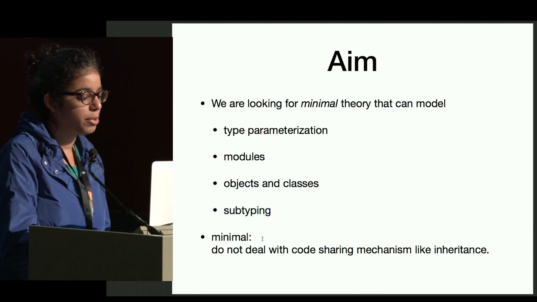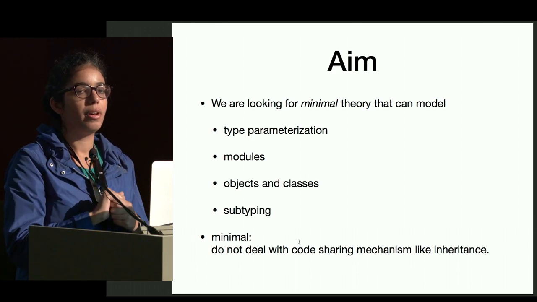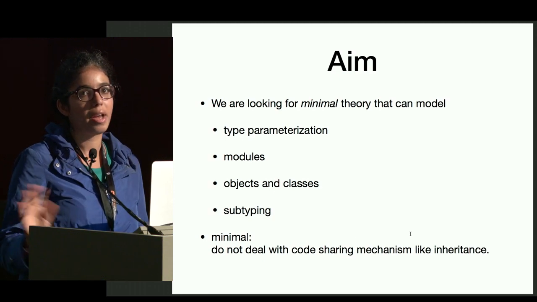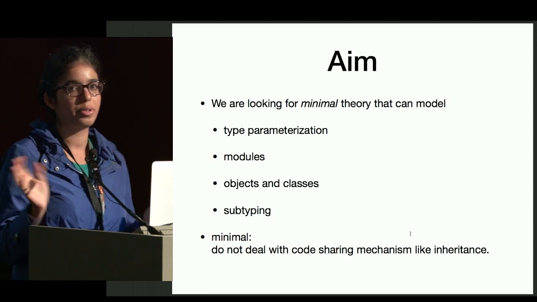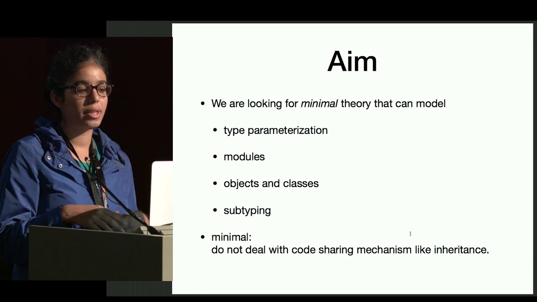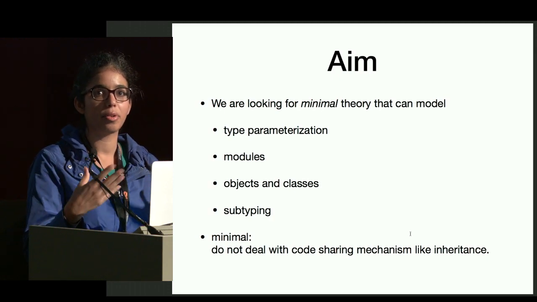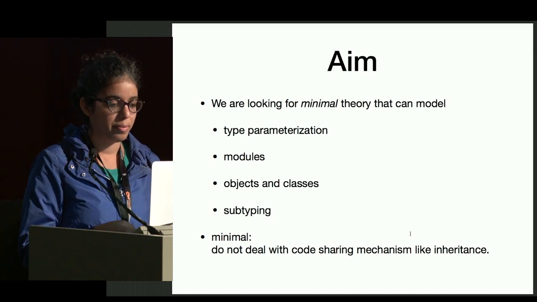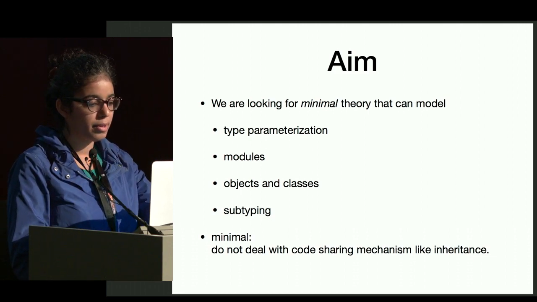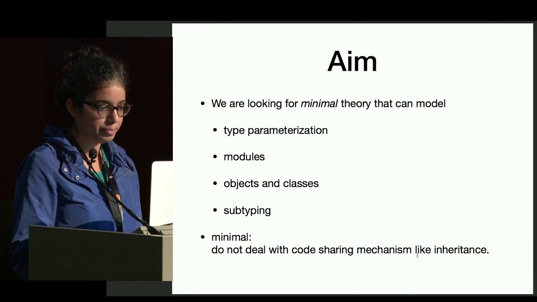I'm saying it's minimal because we don't want to worry about things that are outside of just thinking about types and their relationships. So things like inheritance and mixin composition are out of scope. Maybe there's a way to model these things in the theory through encodings or extra work, but we don't necessarily want to have it hard-coded.